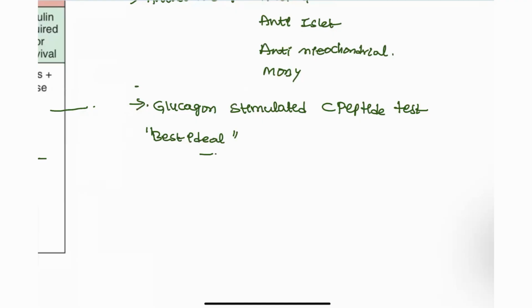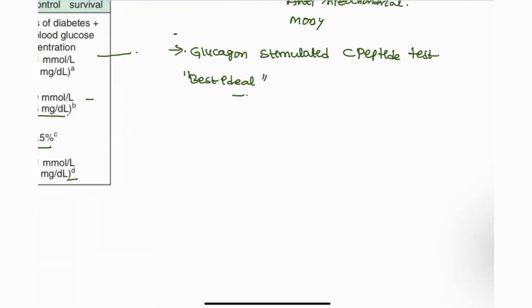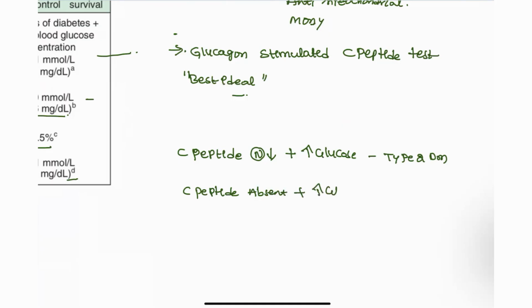Next, how to interpret, guys? For example, if the C-peptide levels are normal or decreased, but still the glucose is high, then it is considered type 2 diabetes mellitus. If the C-peptide is absent, but the glucose is high, then it is type 1 diabetes mellitus.